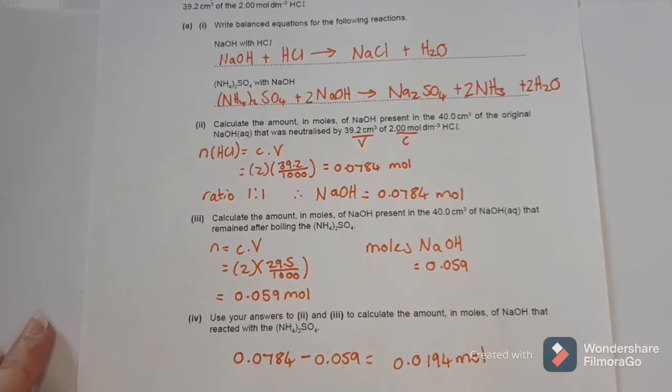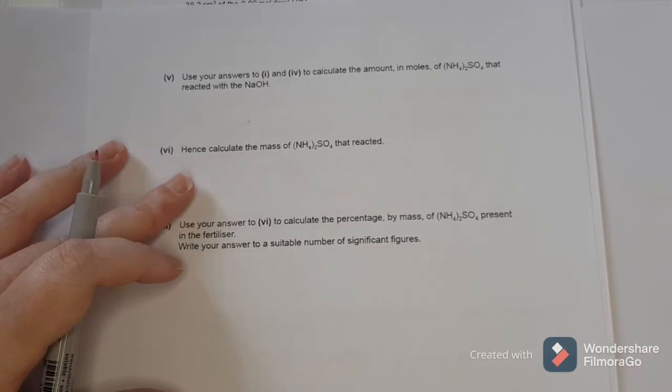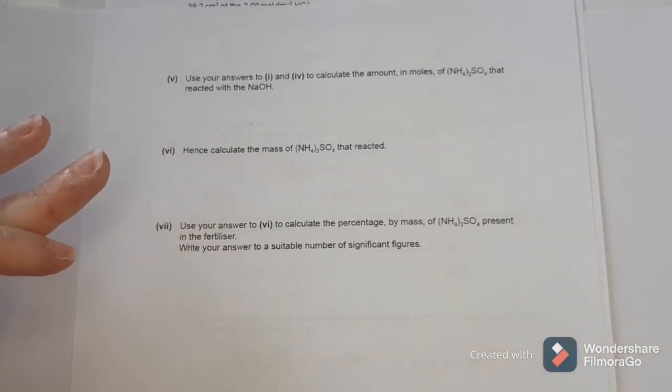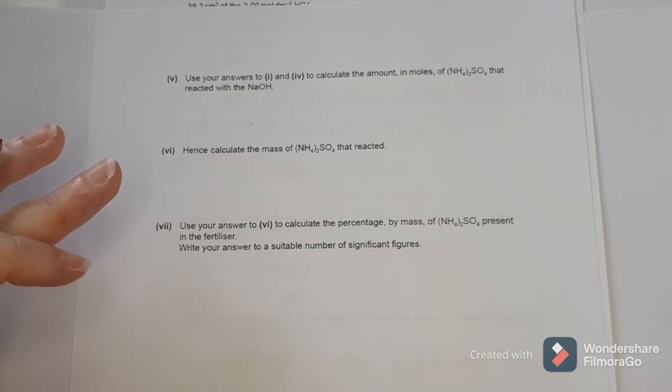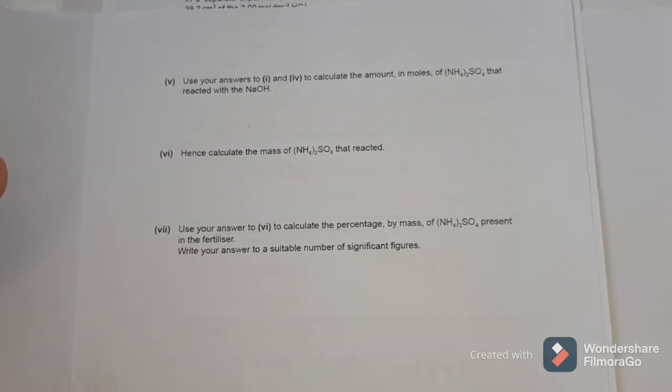So if I look at the next question there, it now says, use your answers in 1 and 4 to calculate the amount in moles of the ammonium sulfate that reacted with the NaOH.